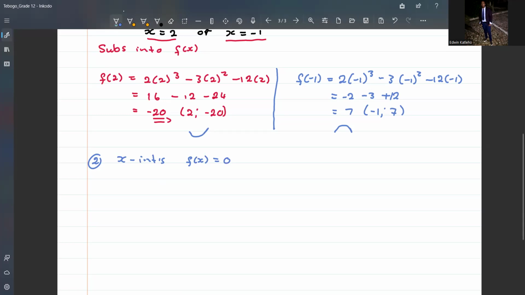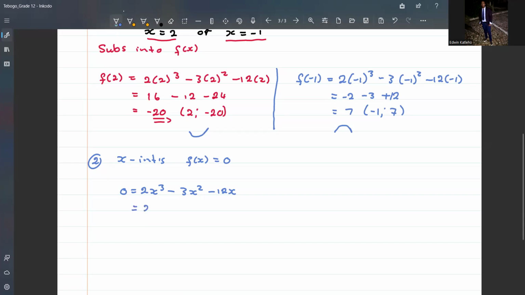So if we look at this equation, we're going to get 0 equals 2x cubed minus 3 into x squared minus 12x. And it's easy to factorize this one because we have our highest common factor of x everywhere.